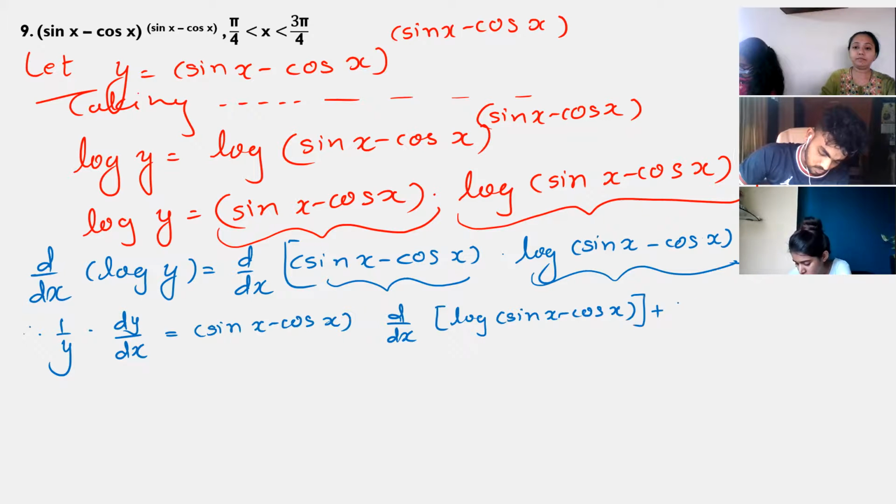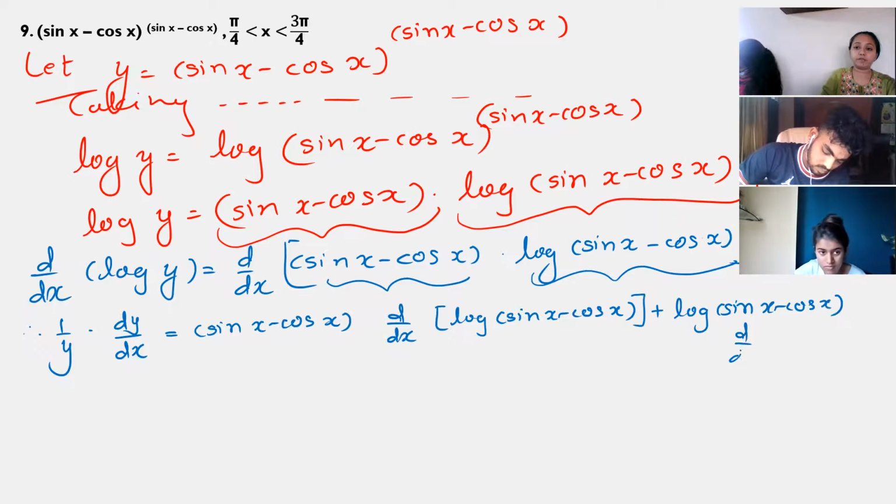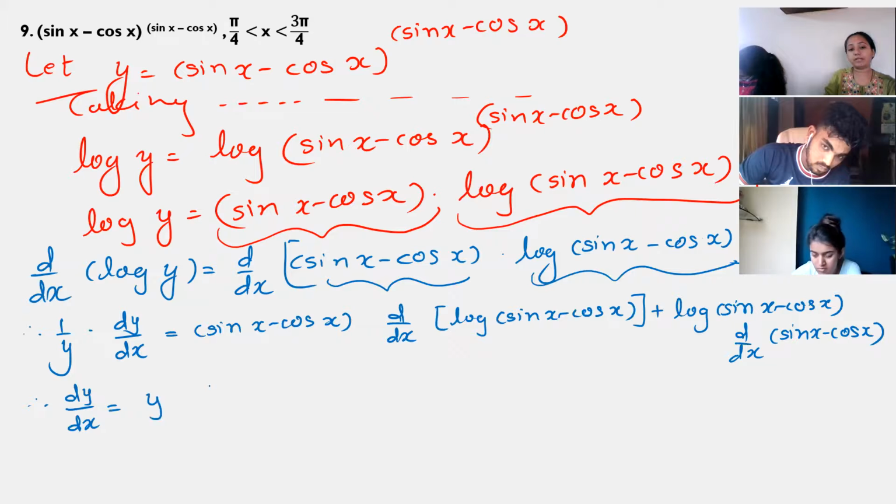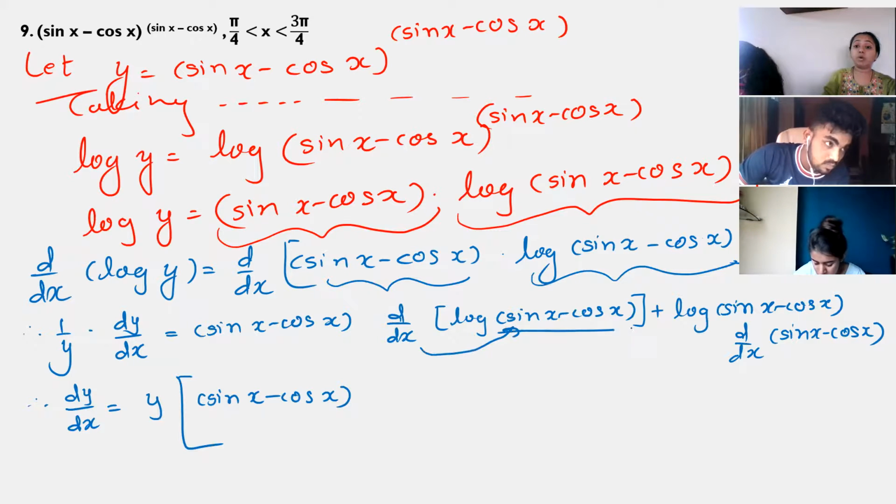Plus log of sin x minus cos x as it is, and differentiation of the first quantity sin x minus cos x. That means dy by dx is equal to y multiplied with the full part. First is as it is, sin x minus cos x as it is. And d by dx of log x is 1 by x.